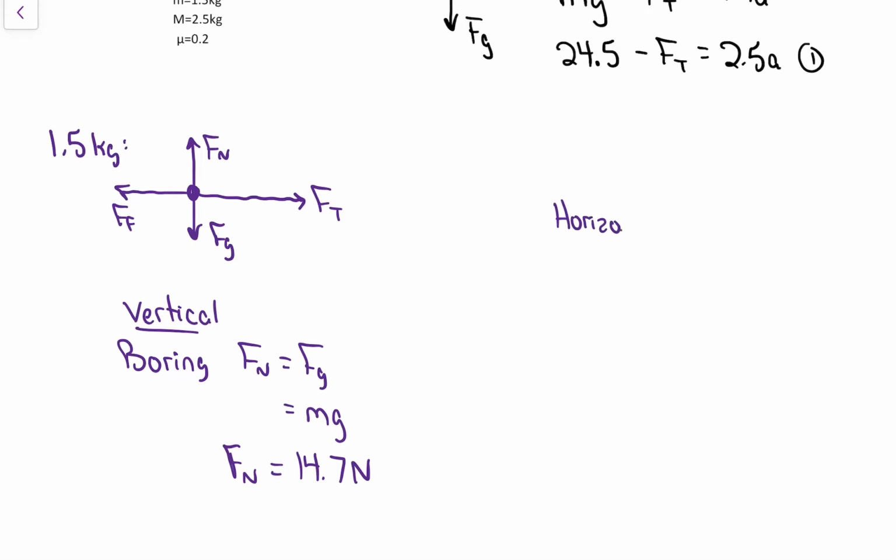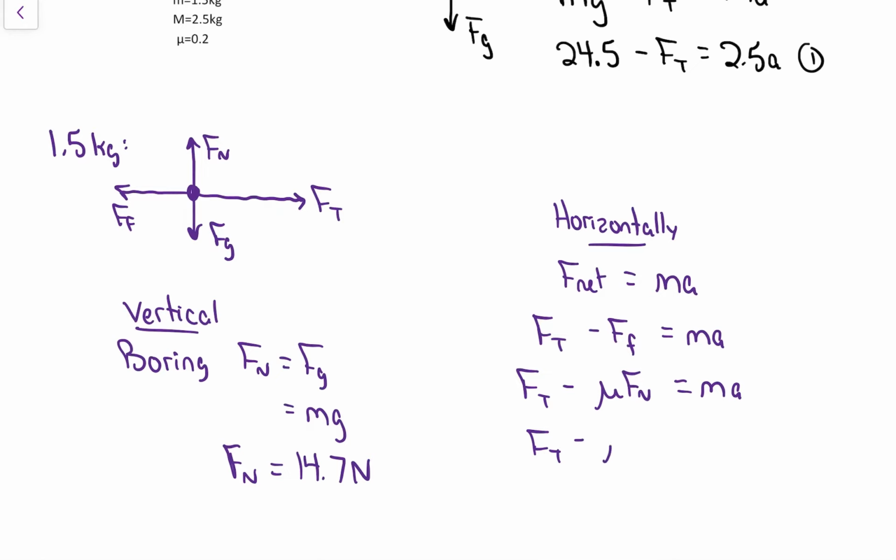Horizontally, there's a little bit more going on. Turns into an Fnet equals ma situation. This time, the tension is the bigger force. Tension is what's causing this one to accelerate. So I'm going to make that positive. Friction's slowing it down. It'll be the negative, and that's equal to m times a. I don't know what tension is, but I know friction is mu times Fn.